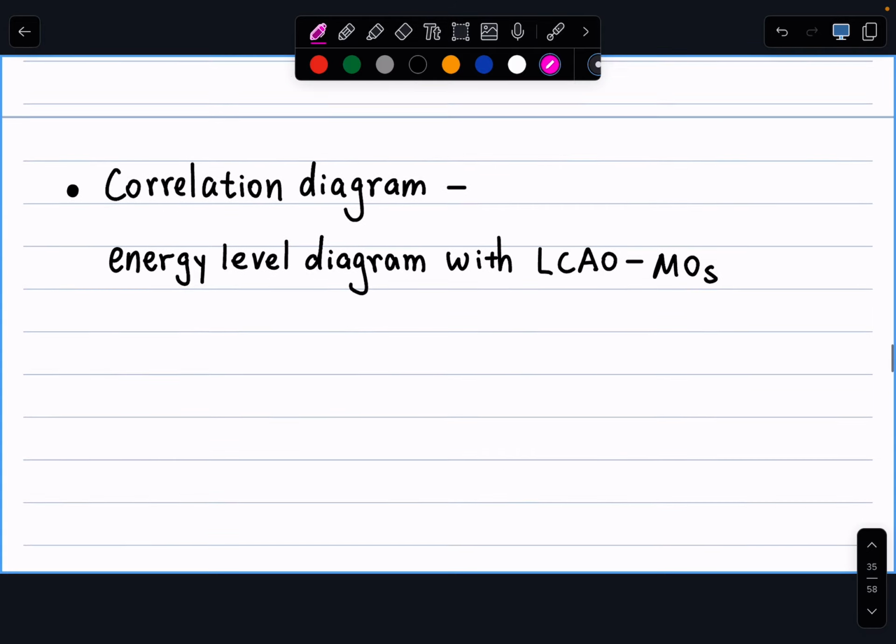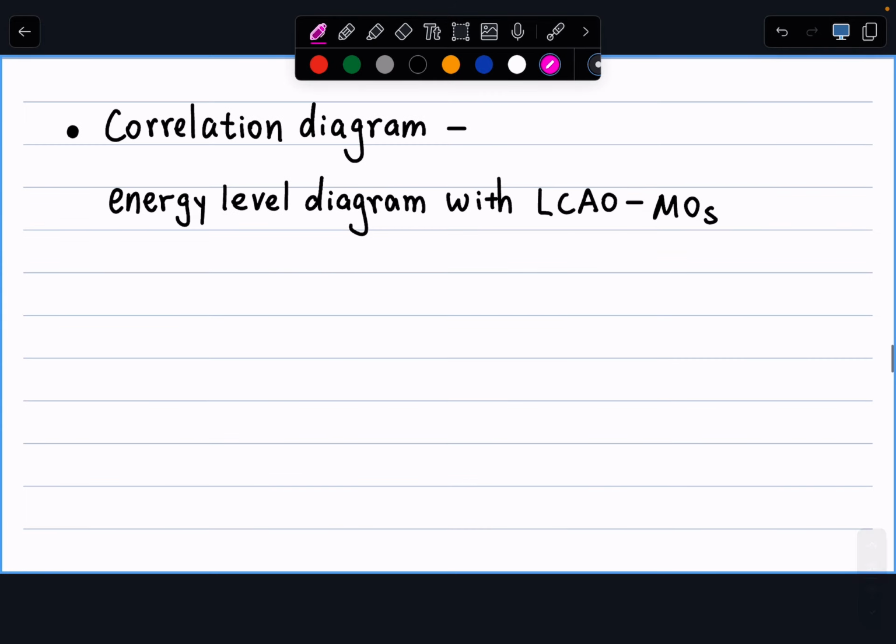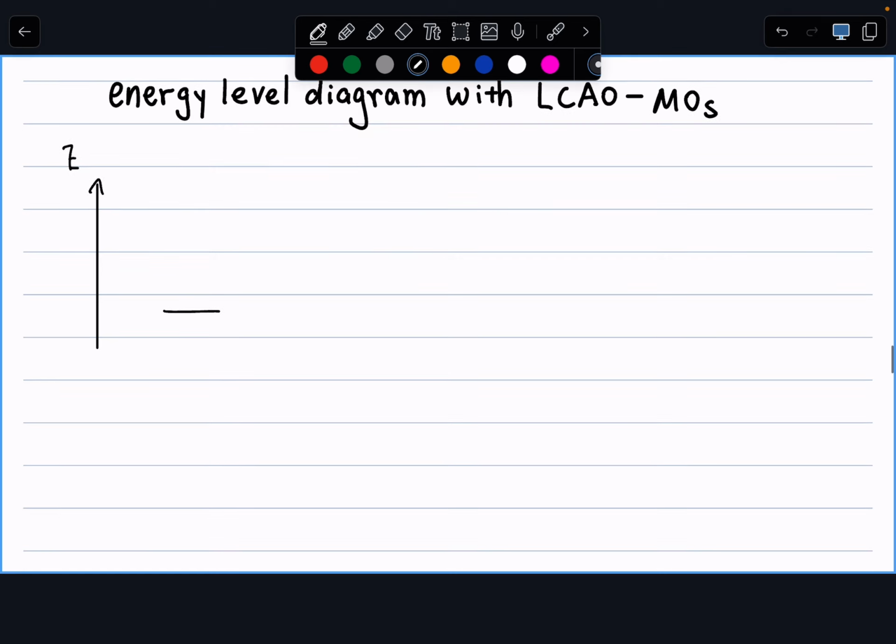So if you look at the actual correlation diagram, we start from some energy. On the left-hand side, we have the atomic orbital of my hydrogen A. On the right-hand side, we have the atomic orbital of my hydrogen B. And these two will have the same energy.